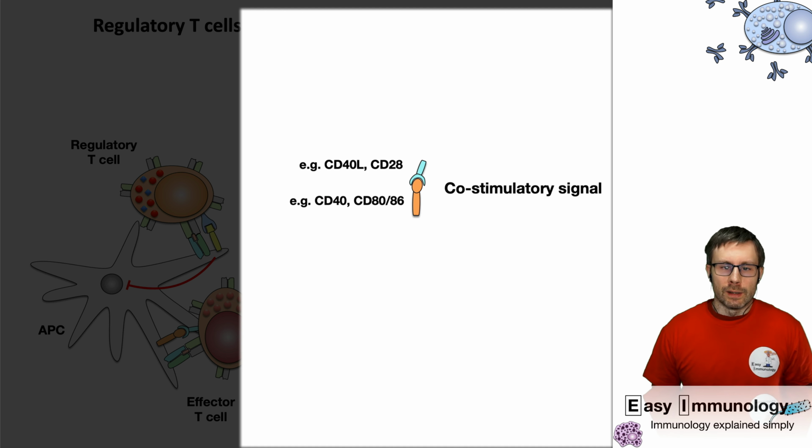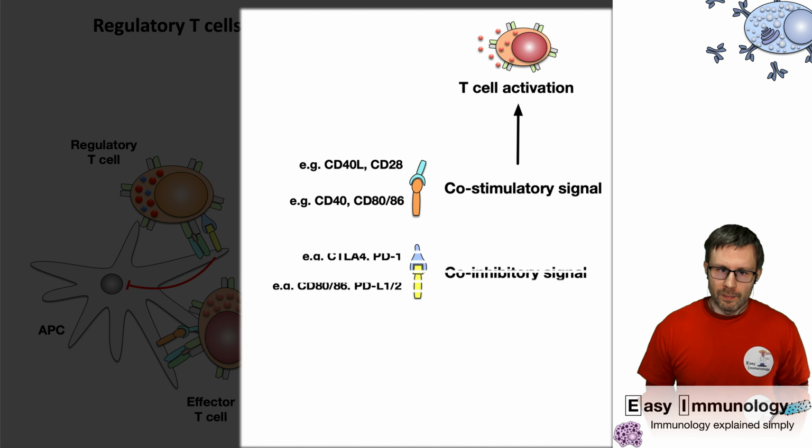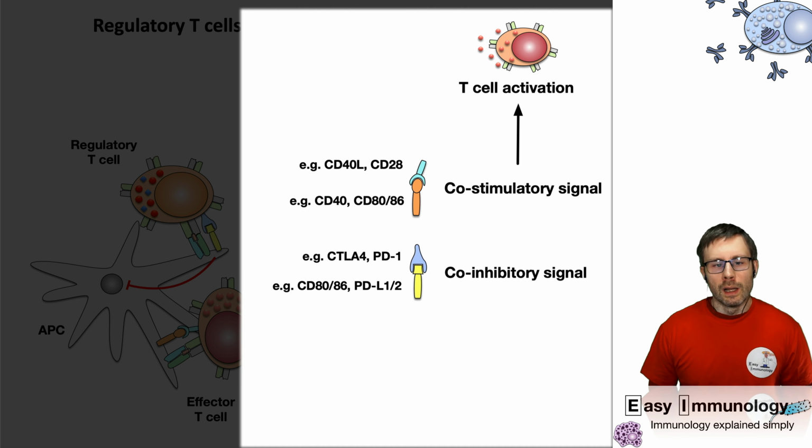Co-stimulatory molecules result in the activation of the cell, and then it can fulfill its function, but there are also co-inhibitory molecules. This is like the purple one, and they are called, for example, CTLA4 or PD1. PD1 is, for example, short for programmed death 1. And they bind to ligands like CD80 and CD86 and PDL1 or PDL2.